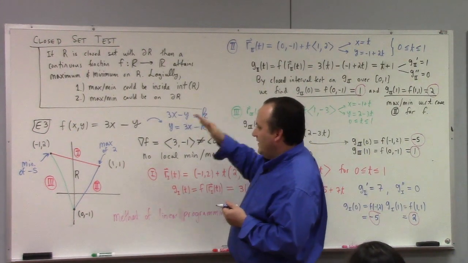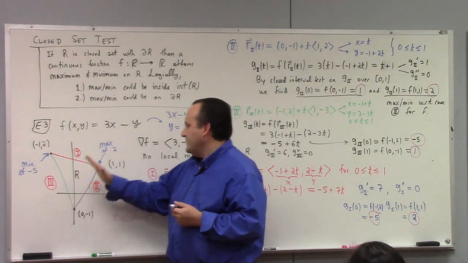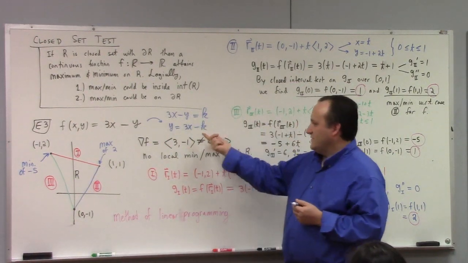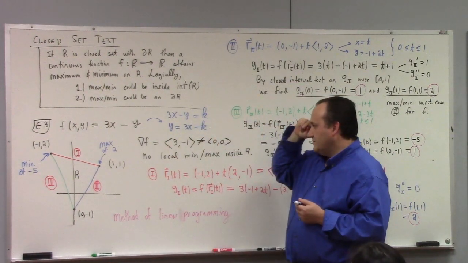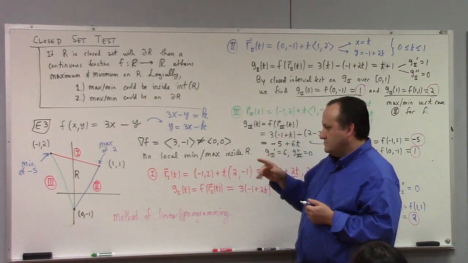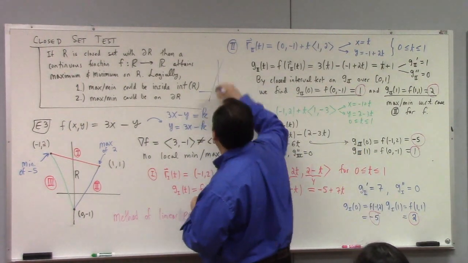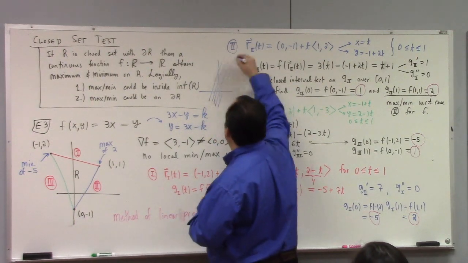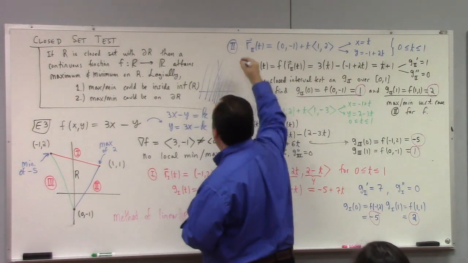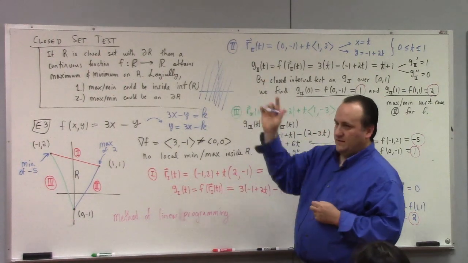So this is a level k curve, right? And the slope is 3. So the level curves of your objective function look like this, right?